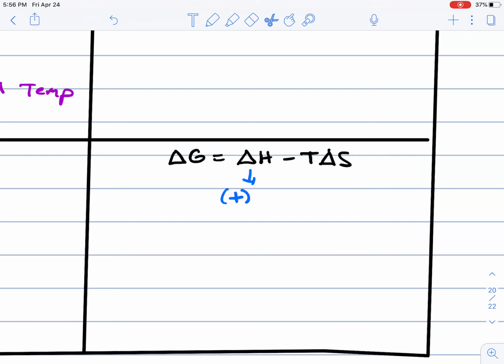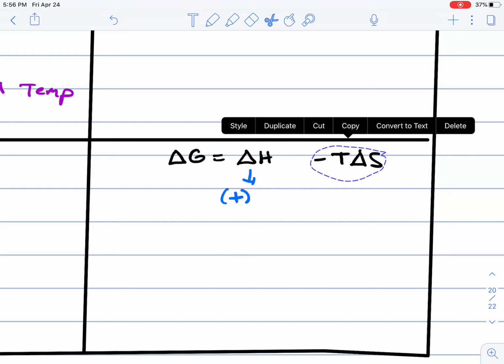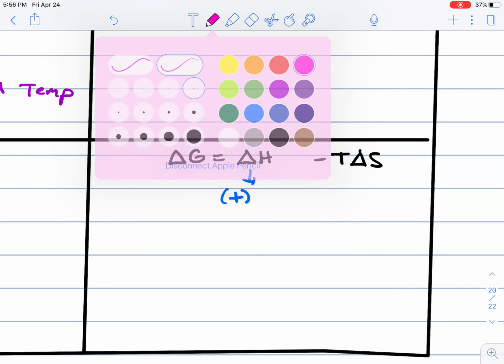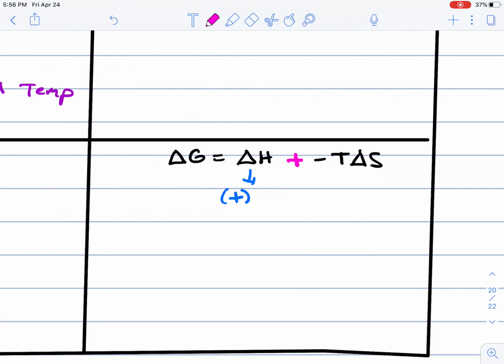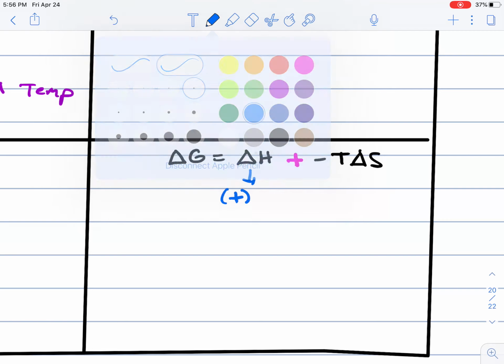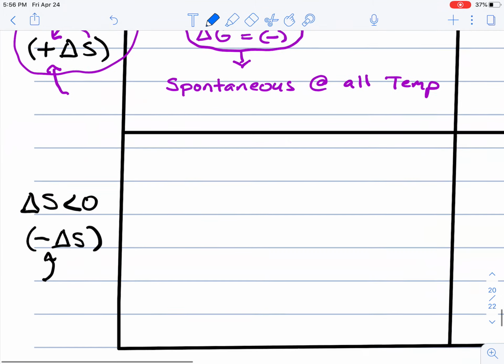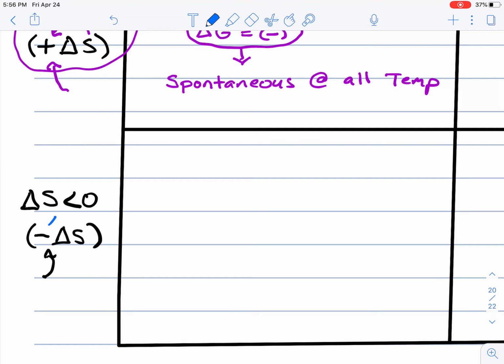And once again, I'm going to separate this out. Maybe I'll do this in, I don't know, pink. Right? So that plus sign just separates out the enthalpy value from minus T delta S. And so I know that my temperature is always going to be negative, and I'm multiplying it by delta S. And so according to this parameter, our delta S is negative.